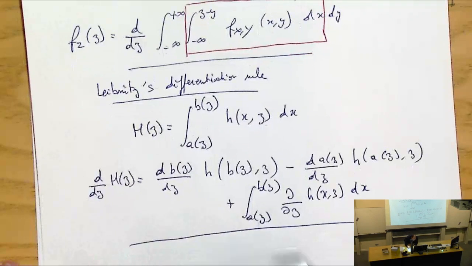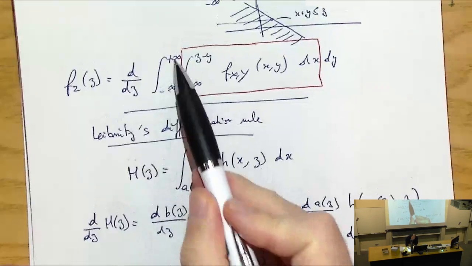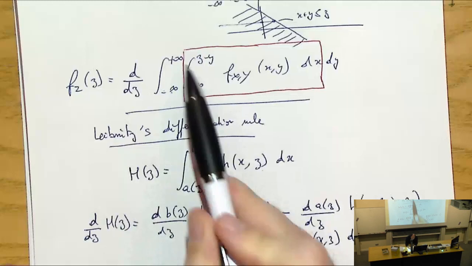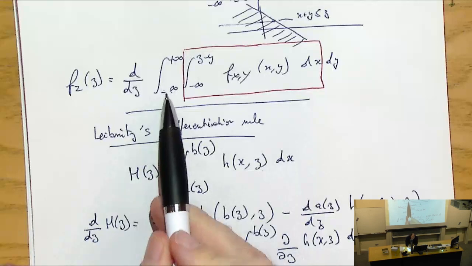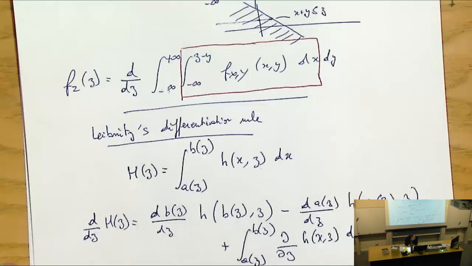If I take the derivative of this, what do we have here? You see that those boundaries are just constant. They're not a function of z. So when I take the derivative of infinity with respect to z, that's 0. The derivative of minus infinity with respect to z will be 0. So I'm going to have 0 minus 0.